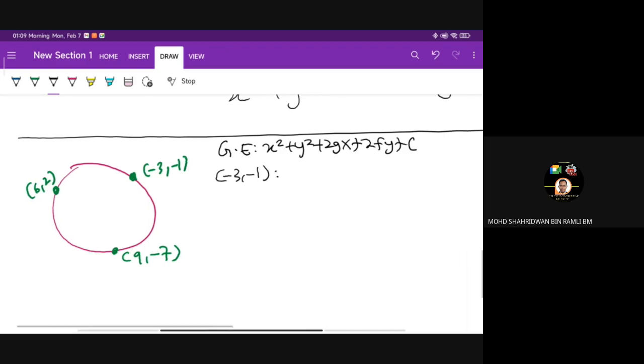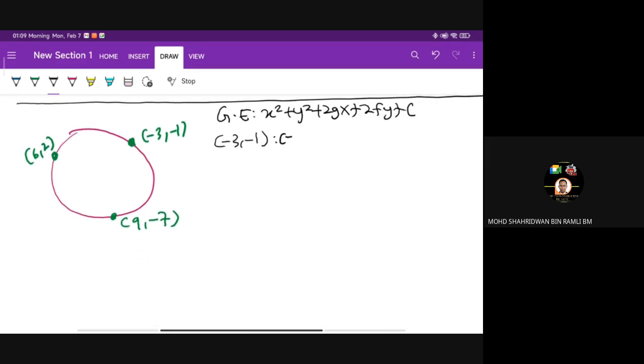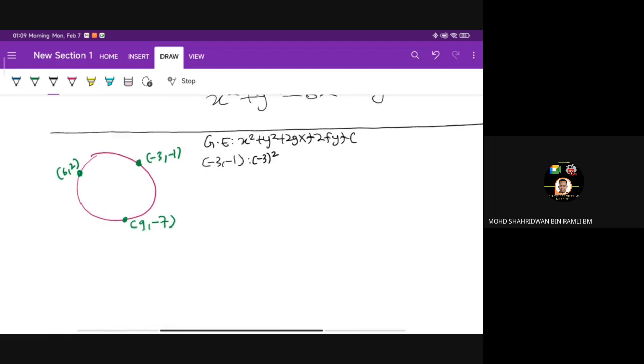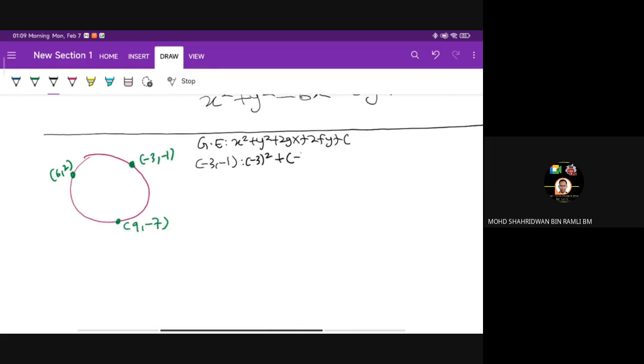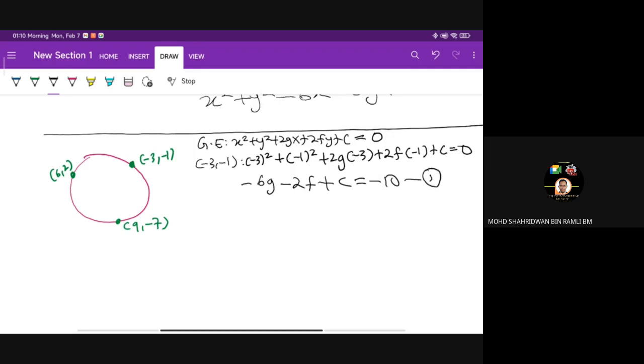So it will be (-3) squared plus (-1) squared plus 2g(-3) plus 2f(-1) plus c equals 0. When you simplify, you will have -6g minus 2f plus c equals -10. So this is your first equation.